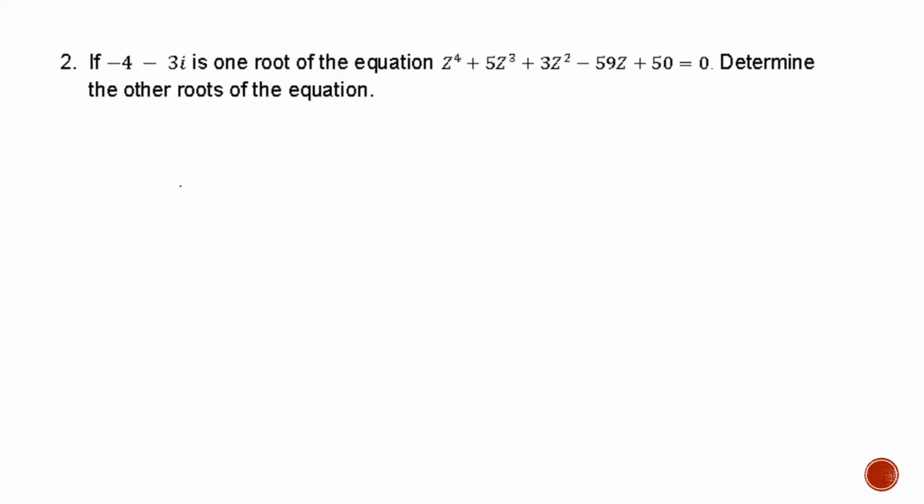And since we've been given one root, -4 minus 3i, that means its conjugate, -4 plus 3i, is also a root of the equation, right? So since we have both of those, we can get a quadratic out of them.